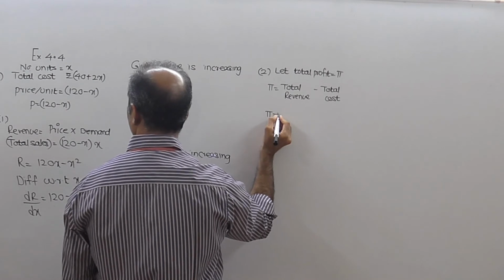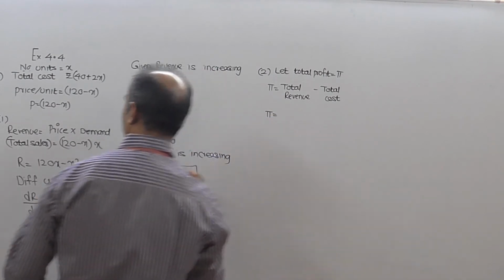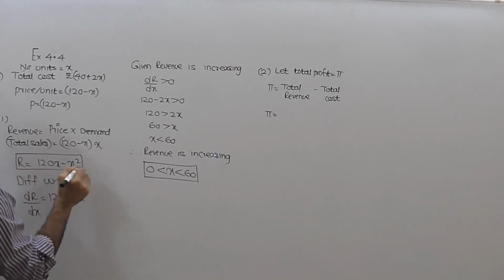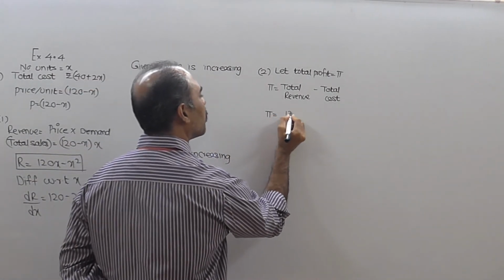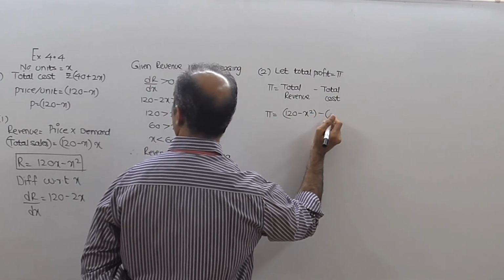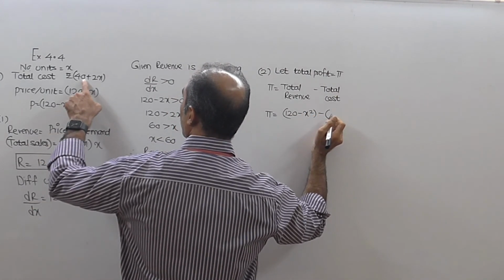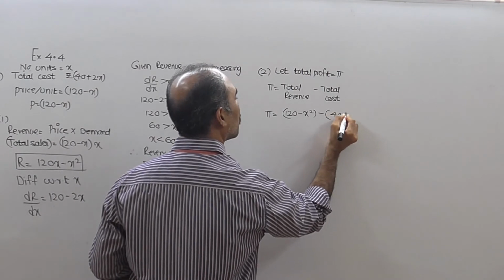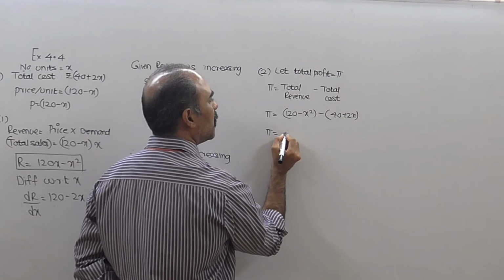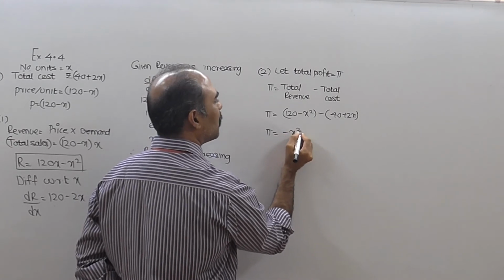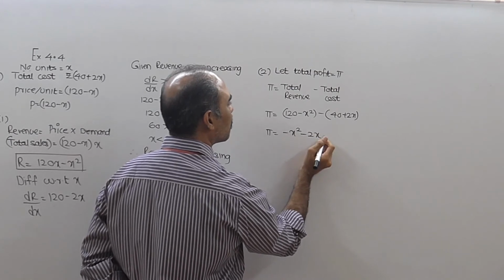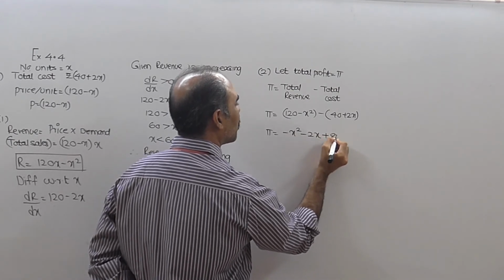So what is the total revenue here? Total revenue is here, which is 120X minus X square. What is the total cost? This is the total cost, 40 plus 2X.